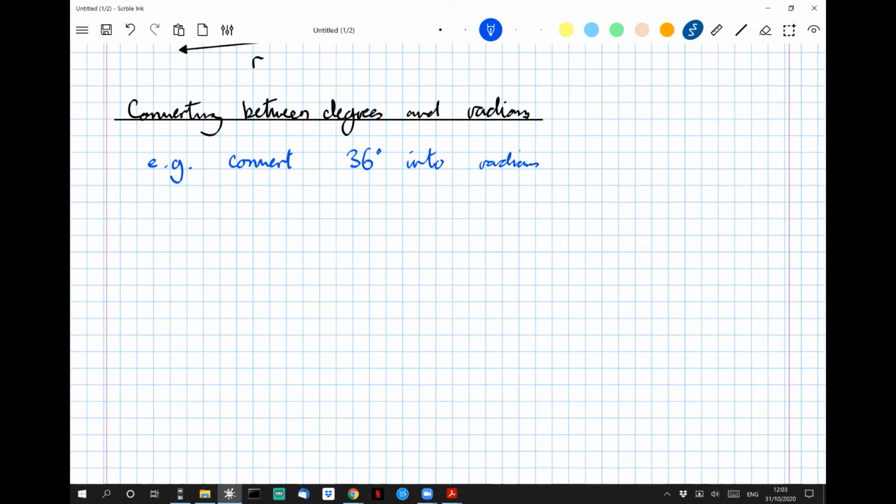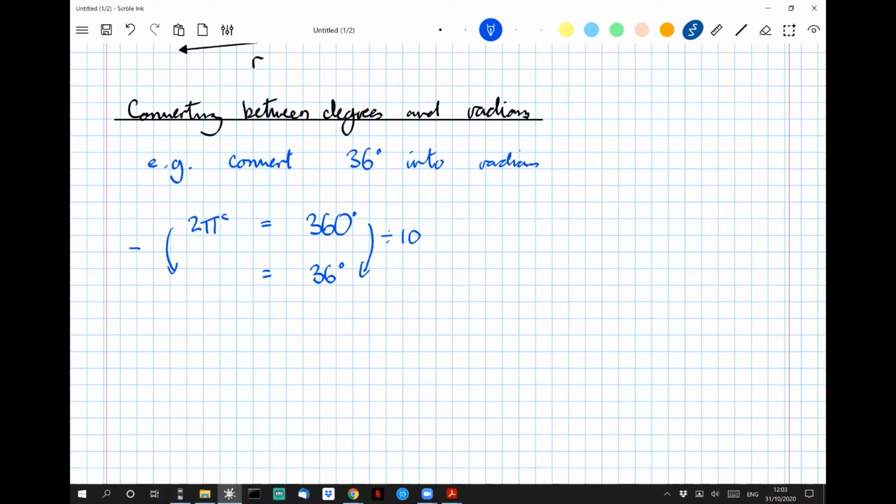Well, the first thing I'd do is write out the main fact that I know about converting between degrees and radians. Write out that 2 pi radians equals 360 degrees. My target number of degrees is 36. So I can do that by dividing by 10.